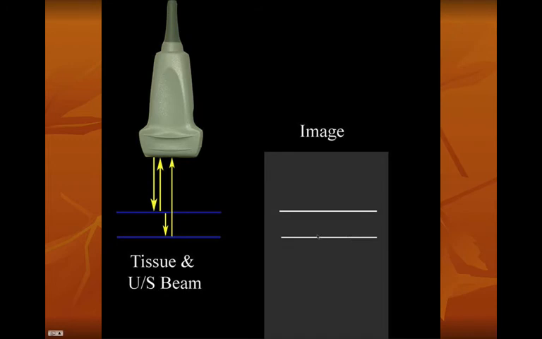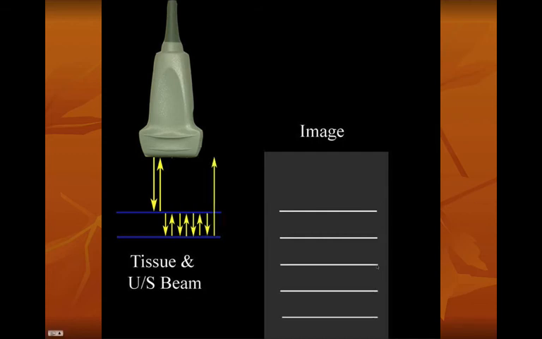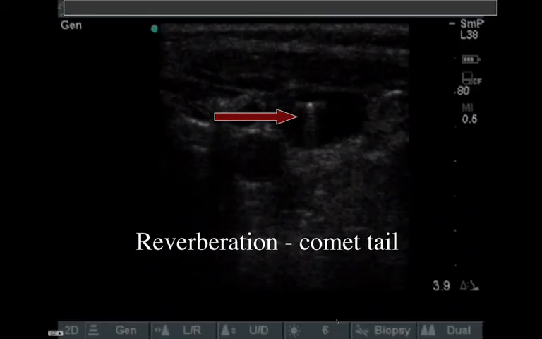But things get complicated now. Some of that reflected ultrasound from the second interface hits the back of the first interface, bounces back again, and then bounces back to the ultrasound probe. So the ultrasound probe is now getting a third reflection and draws a third line. That is artifact, and that's called reverberation artifact. And that can happen again and again, and you get repeated reverberation artifacts.